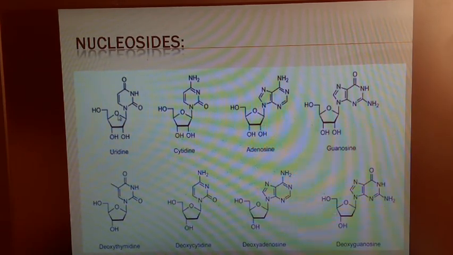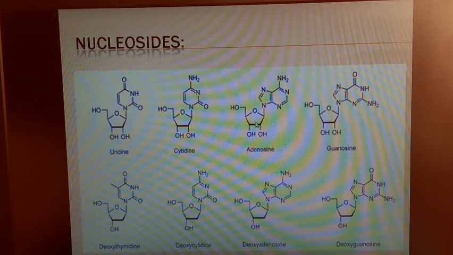But how to make out the sugar moiety, whether it is deoxyribose or ribose? If it is ribose, only uridine, only adenosine. So you can observe here only adenosine. If the second carbon doesn't contain an OH group, then the sugar is called deoxyribose. At that time the name changes to deoxyadenosine.